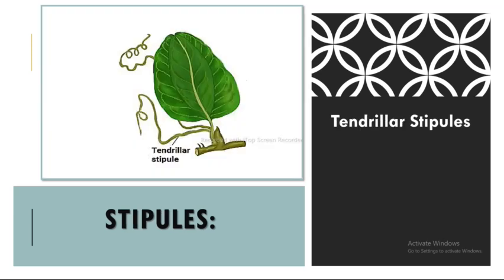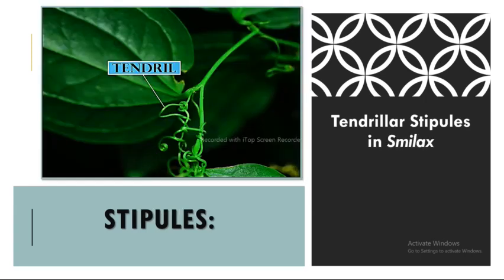The next type of the stipules is the tendrilar stipules. Tendrilar stipules means that these are modified into small tendrils, which serve as climbing organs, and these are mostly present in Smilax. Tendrilar stipules in Smilax as shown in the figure.